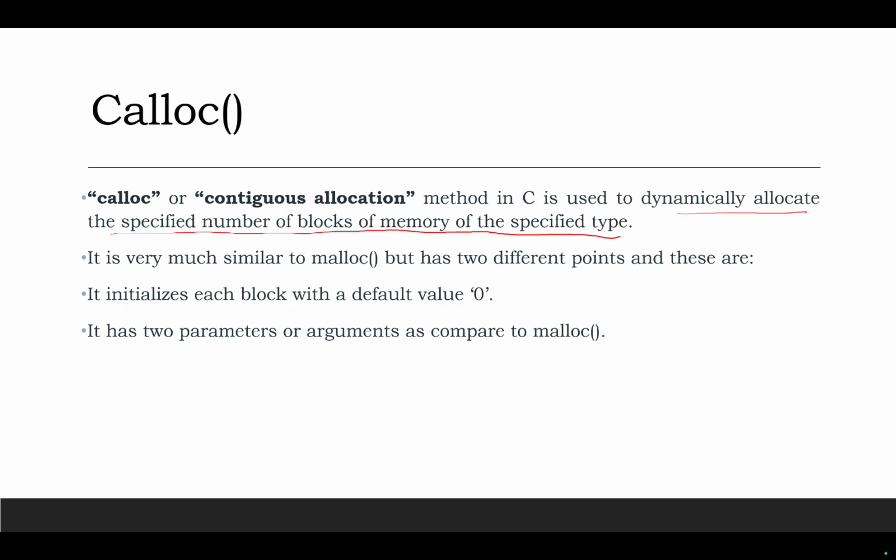It initializes each block with the default value 0, and it has two parameters or arguments as compared to malloc.